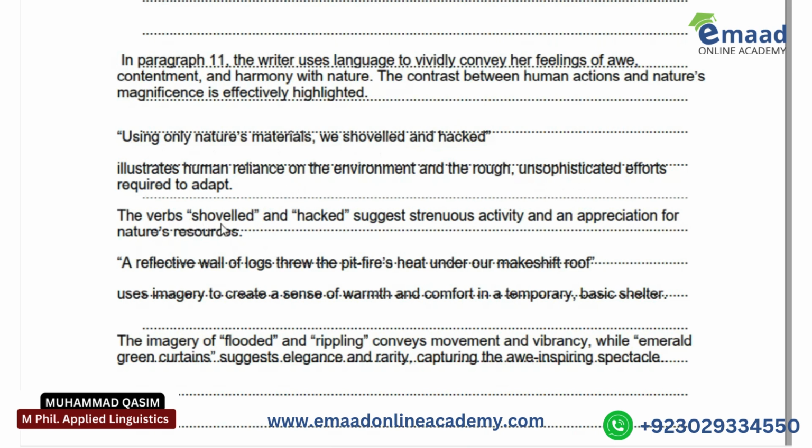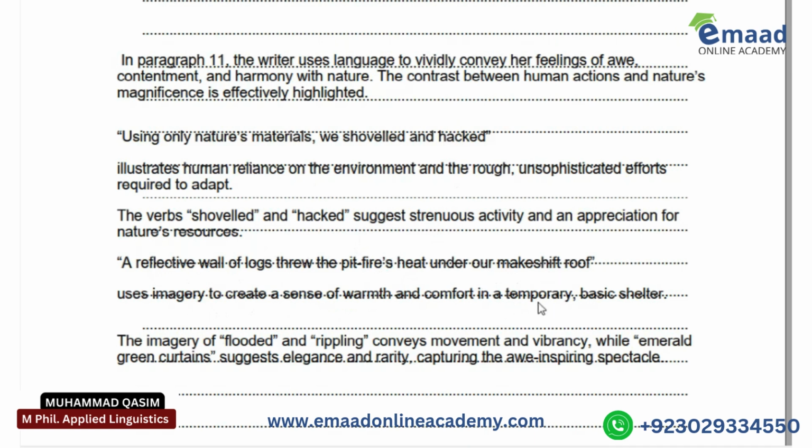So here the verbs like shovel and hack suggest strenuous activity and appreciation for nature's resources. Then a reflective wall of logs through the pit fire's heat under our makeshift roof. The writer also uses imagery to create a sense of warmth and comfort in a temporary basic shelter when he uses the word makeshift roof.